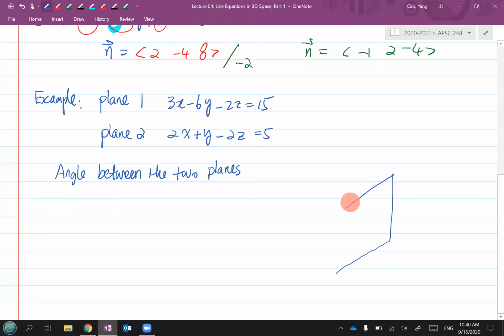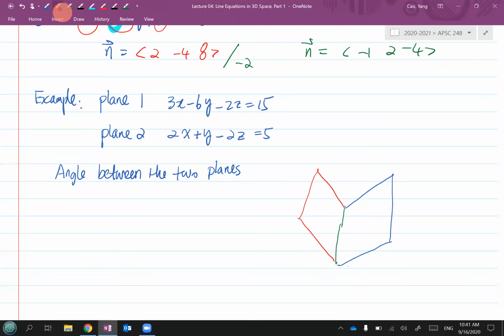When two planes are presented to each other, we'll look at the geometric relationships shortly, but most probably the two planes could intersect each other, right? If you have two planes, they may very well intersect each other. And when they intersect, they create a line. So now the question is we're looking for the angle between the two planes.